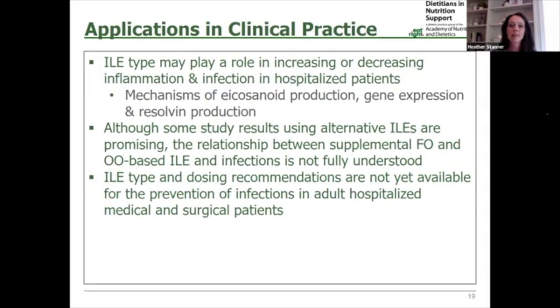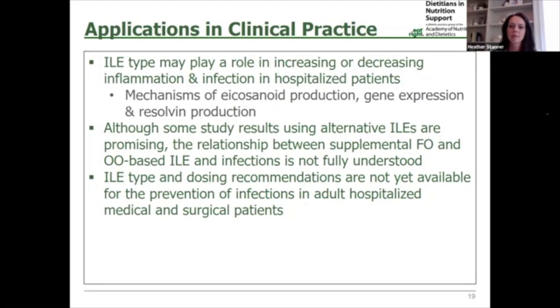So overall, the ILE type may play a role in increasing or decreasing inflammation and infection in hospitalized patients, particularly supplemental fish oil and olive oil-based ILEs. And as Andrew mentioned earlier, the mechanisms of eicosanoid production, gene expression, and resolvin production based on the type of fatty acid present may play a role in all of this.